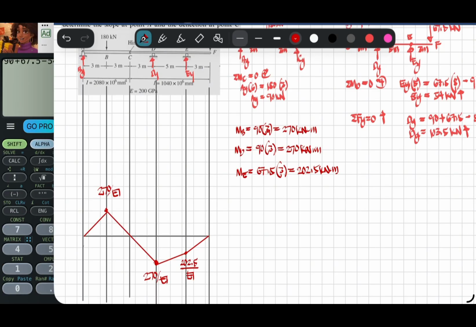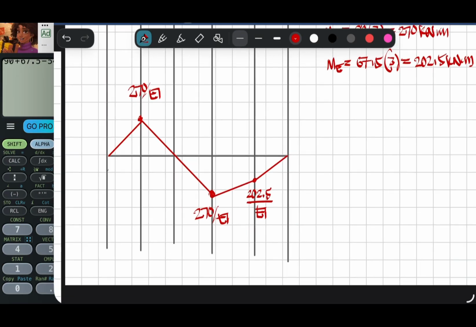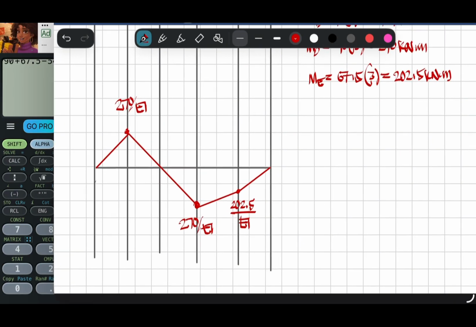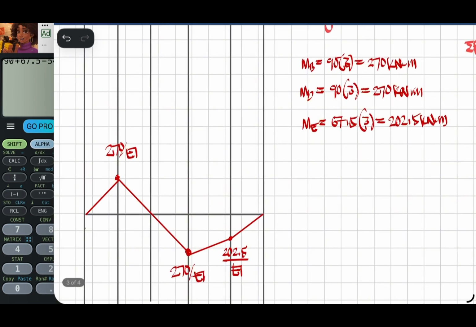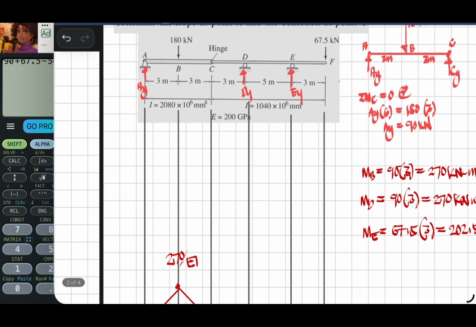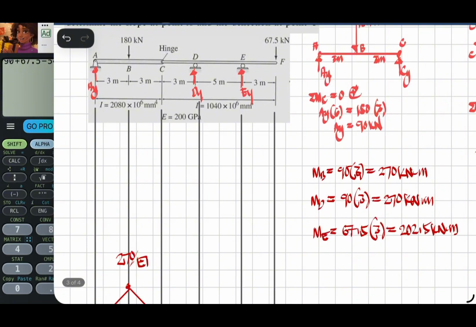Okay, so we now have a complete M over EI diagram. But for easier analysis, and so that it is not confusing, this value of I can be made uniform throughout the beam. The given is 2080 for A to C, then C to F is 1040.